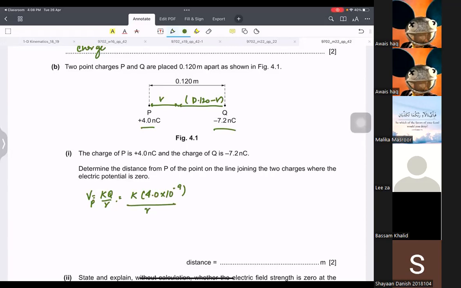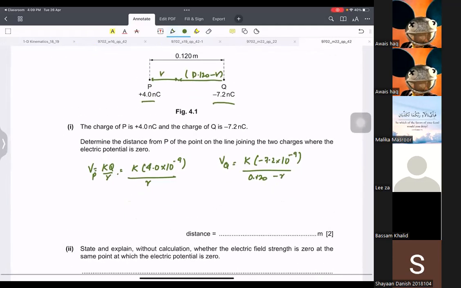And minus, like V, you can say Q is going to be K times minus 7.2 times 10 raised to minus 9, and this will be 0.120 minus R. Now the potential, you add it.